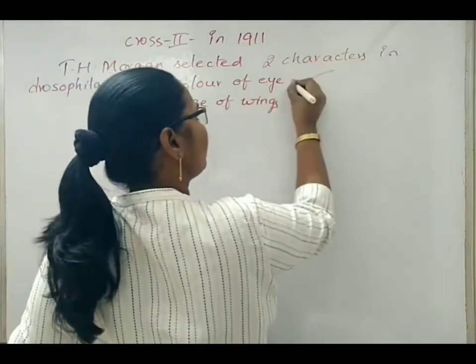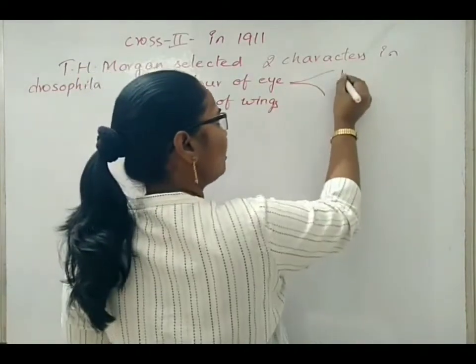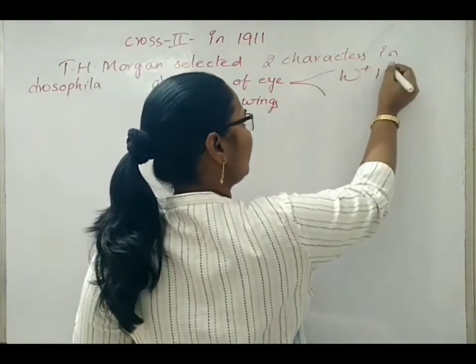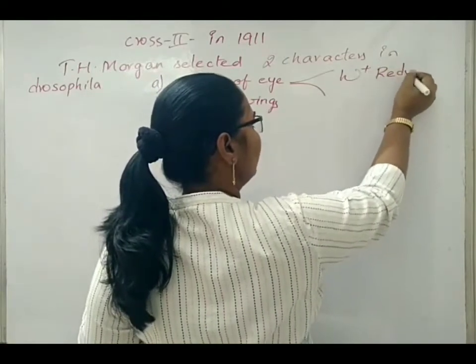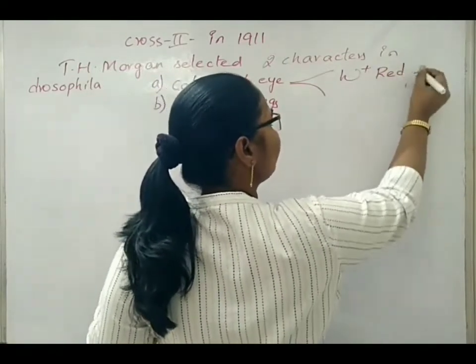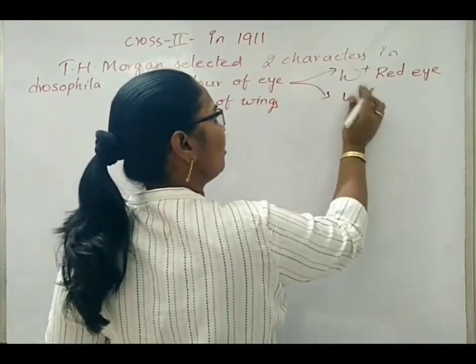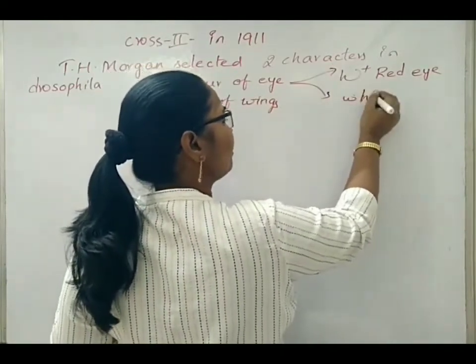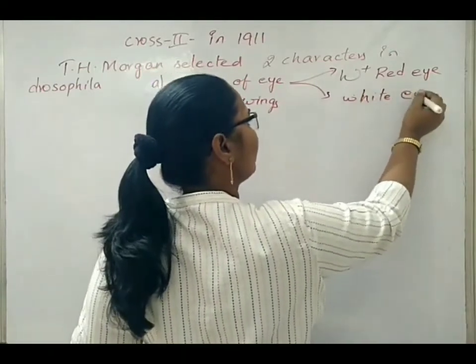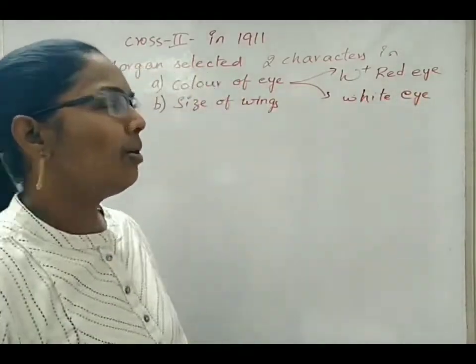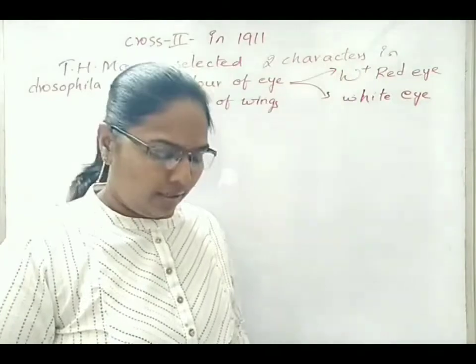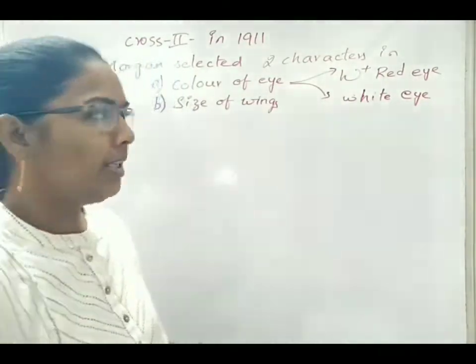So under this color of eye, we know that the dominant feature is expressing red eye and the recessive feature is expressing white color eye. I told you red color of the eye is the natural color of the eye that exists in nature.